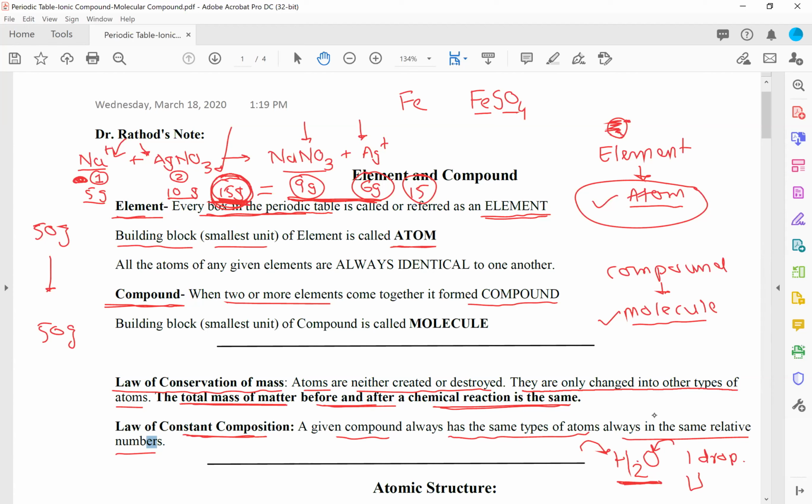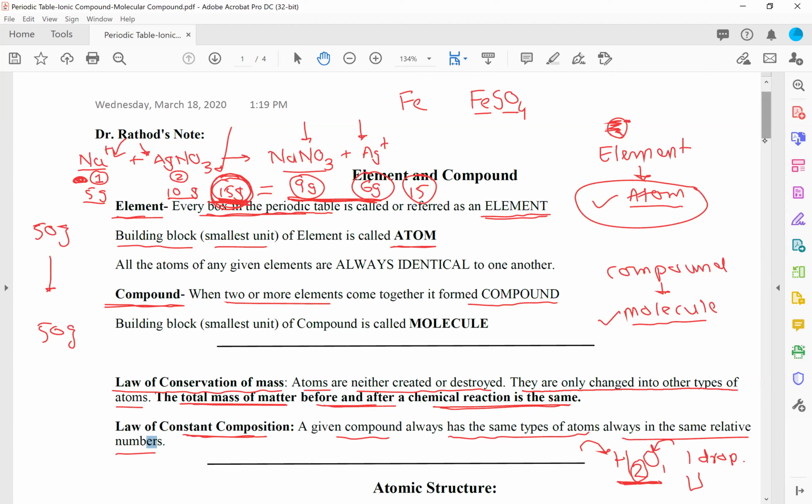There is always going to be 2 hydrogen, and if there is no number, it means 1 oxygen. So when 2 hydrogen and 1 oxygen come together, they form a compound, which is water. So even if you talk about 1 drop, 50 gram, 100 gram, 1000 gram, gallons, the chemical formula remains the same. It means the chemical composition remains the same. You get it? Yes. Everyone? Yes.